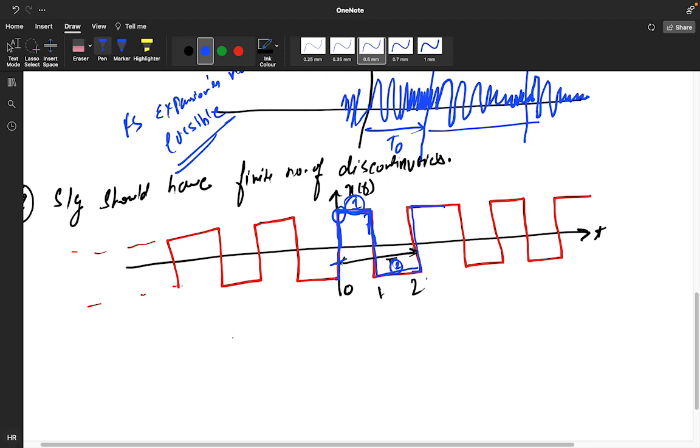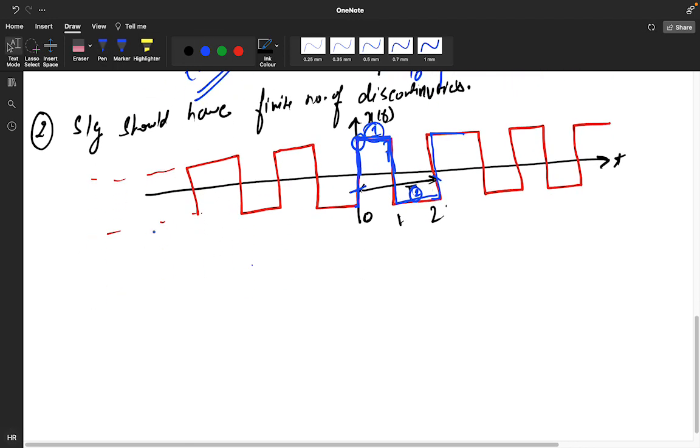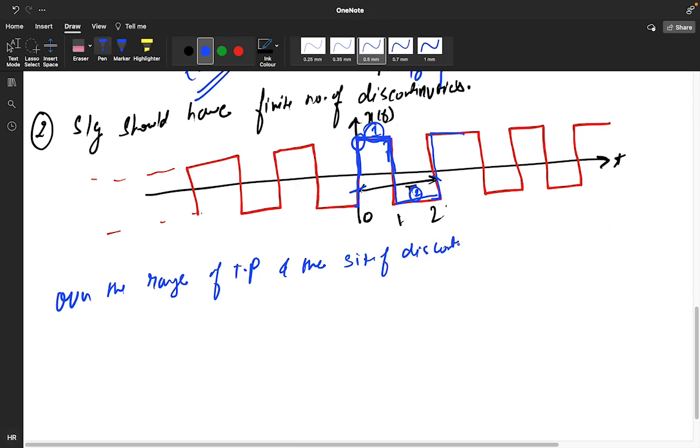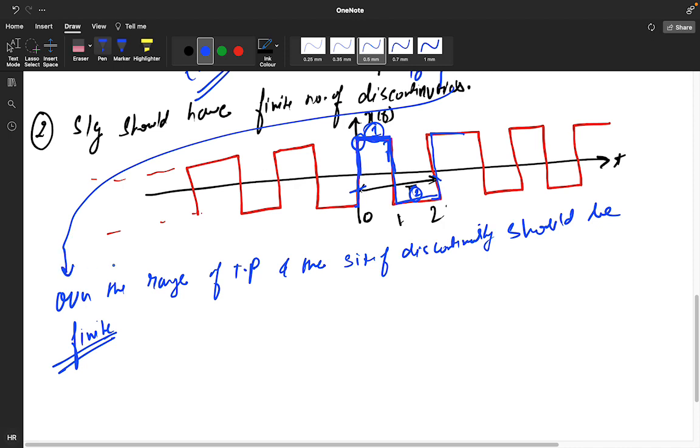In this time period we have a finite number of discontinuities, and even if it is 0, the condition is satisfied. Write it down: the signal should have a finite number of discontinuities over the range of the time period, and the size of the discontinuity should be finite.